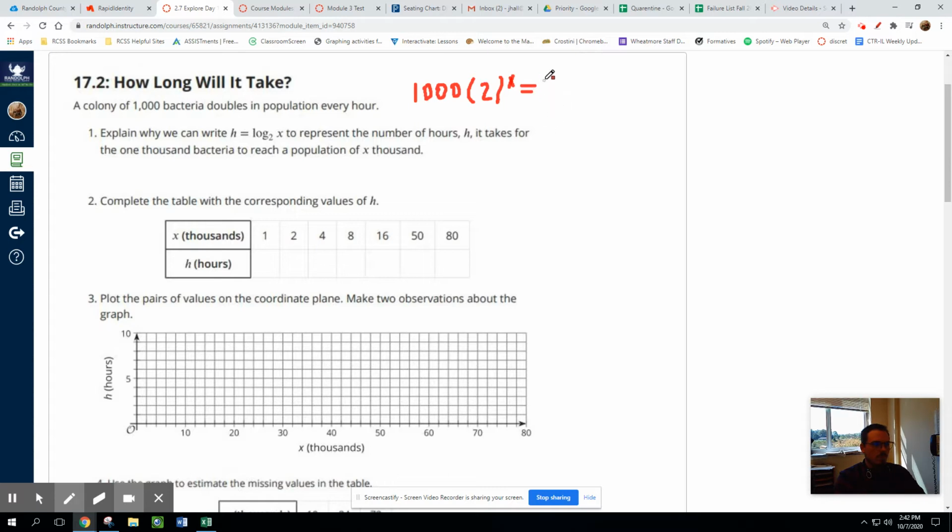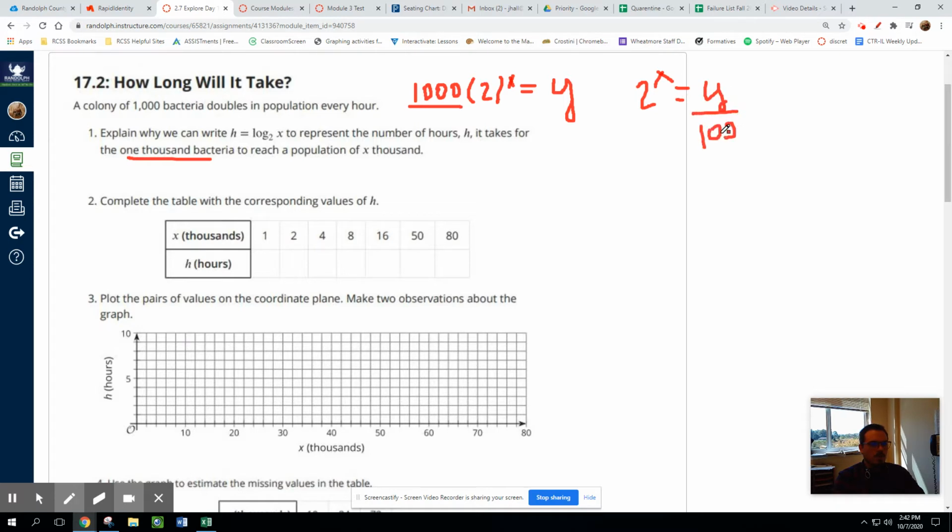Well, if we put a y here, we can go through and find out what taking the logarithm might do here. So if we kind of get rid of this 1,000 and we're just going to assume that it is equal to y, we divide both sides and we get 2 to the x equals y over 1,000.